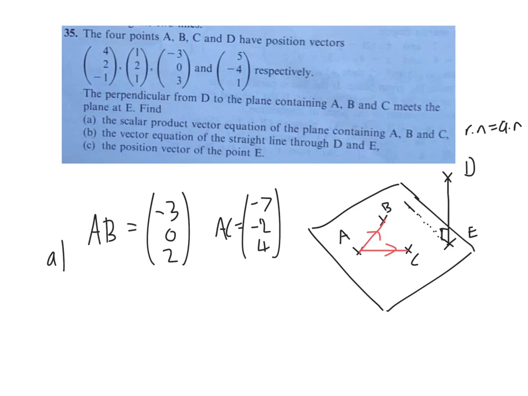And then to get this n, we could do the cross product of AB and AC.